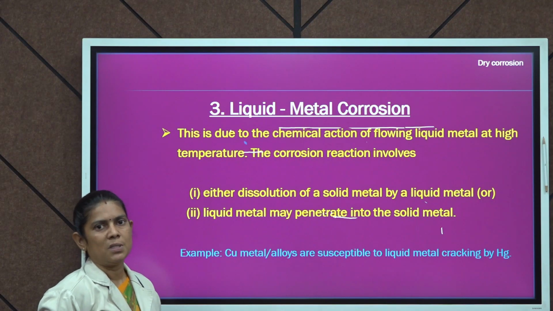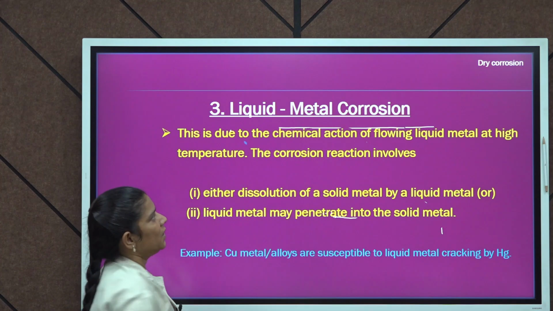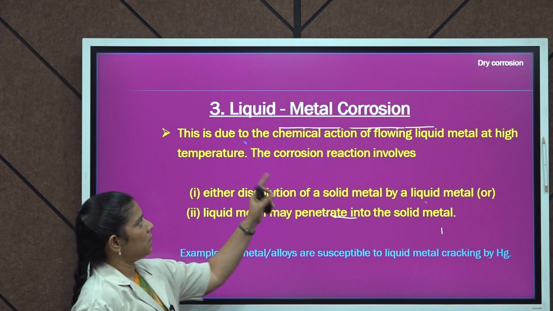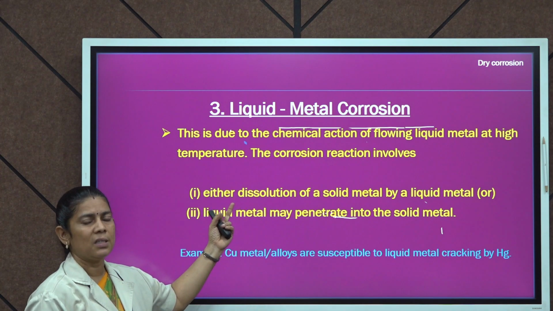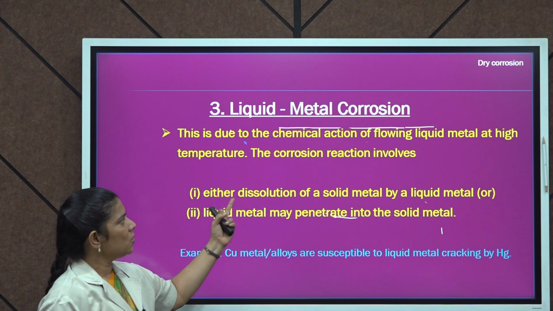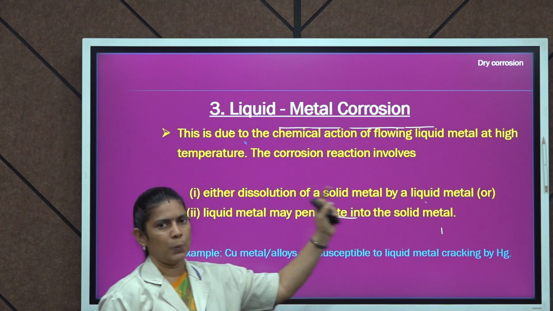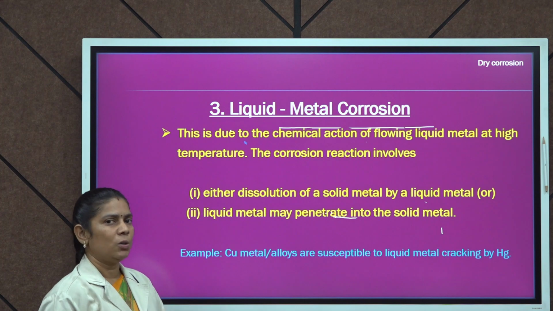The third type is liquid metal corrosion. It is very simple: just the action of a liquid metal at high temperature, a liquid metal like mercury. There is dissolution of a metal by a liquid metal, or the liquid metal may penetrate into the solid.